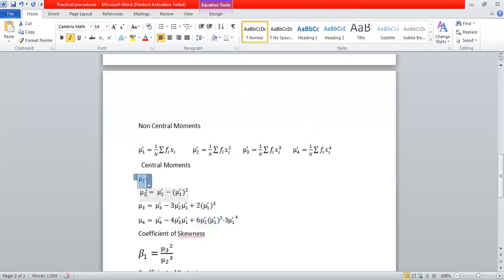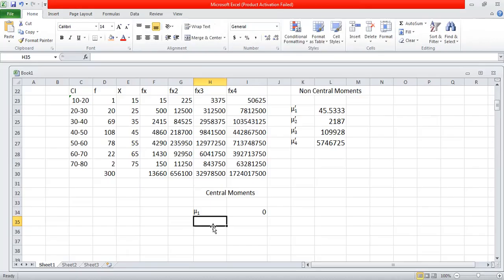The second central moment, which is also nothing but the variance. What is the mu2 formula? Mu2 dash minus mu1 dash whole square, that is mu1 dash into mu1 dash. So this is the mu2 value, that is 113.7155.